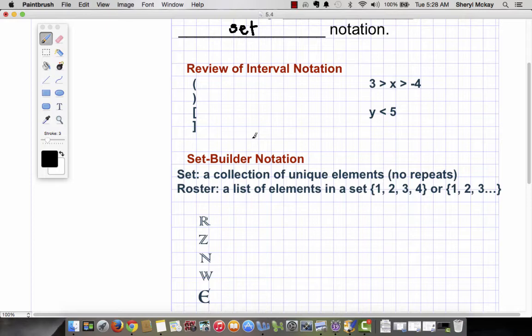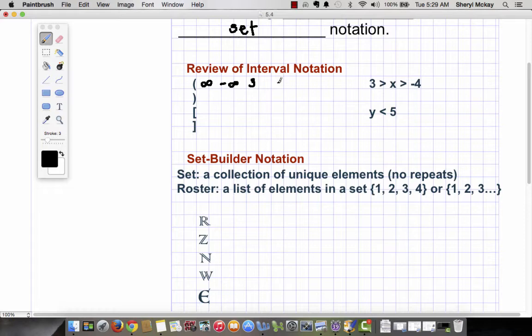And if you remember, interval notation has different symbols. We have this opening parenthesis, which means that we're going to have two numbers after it. So we could have infinity or negative infinity, or a number after this opening parenthesis.